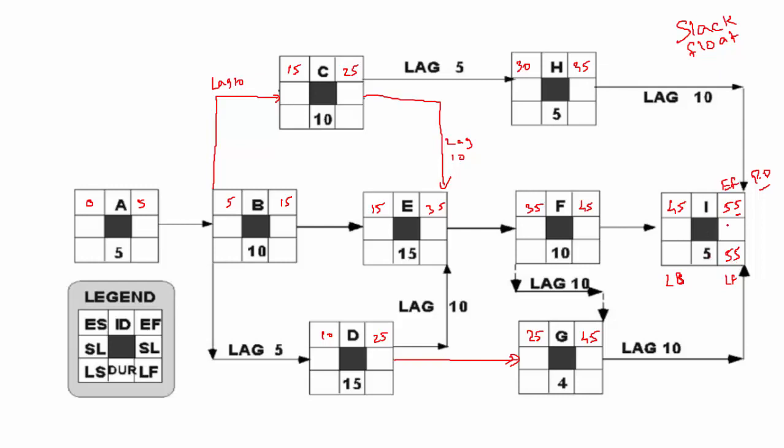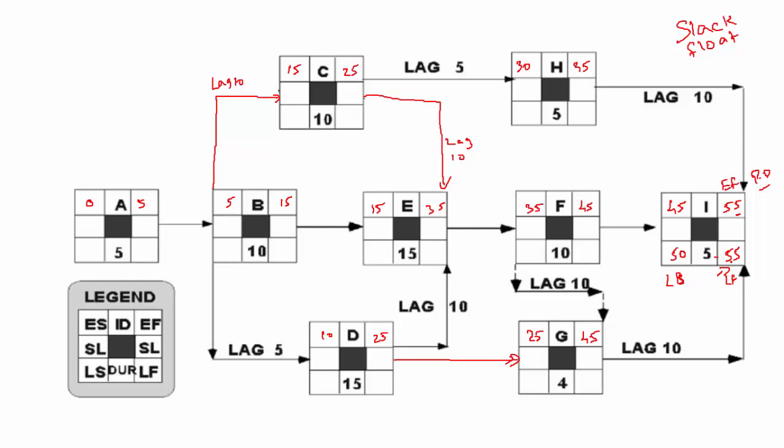In the forward pass we did the plus, in the backward pass we are going to do the minus. So 55 minus 5 would be 50. I must finish on 55, so how late can I start I? If I is 5 days, I can start on 50, right?